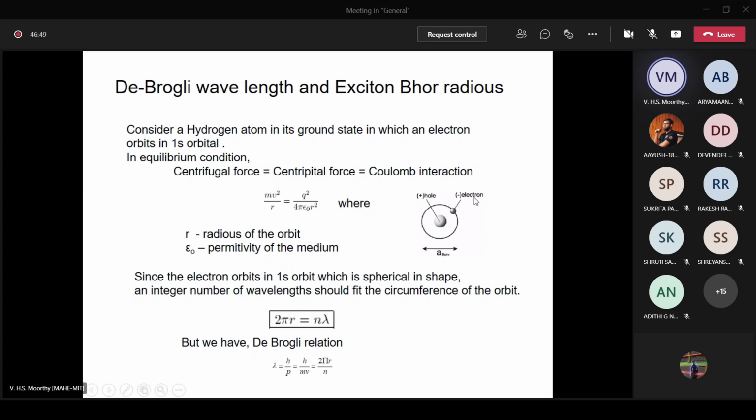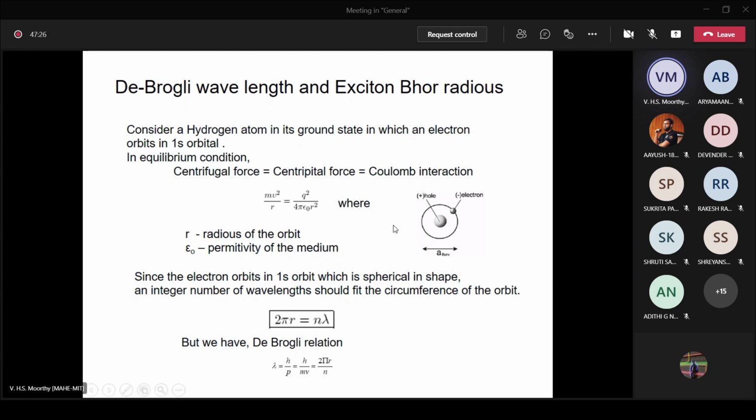There is an attractive interaction between the electron in the orbital and the positive charge in the nucleus. It is called Coulomb interaction. Since the electron in the 1s orbital is continuously traveling around the nucleus in a spherical path, and since the hydrogen atom exists in nature, the forces on the electron, the centripetal force, centrifugal force and Coulomb force, are all balancing each other.